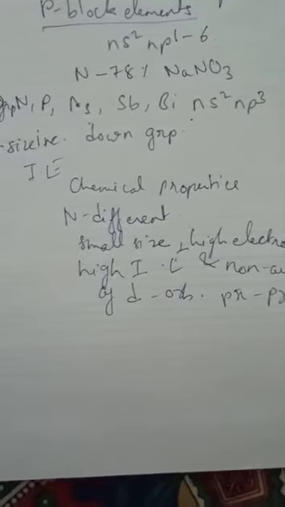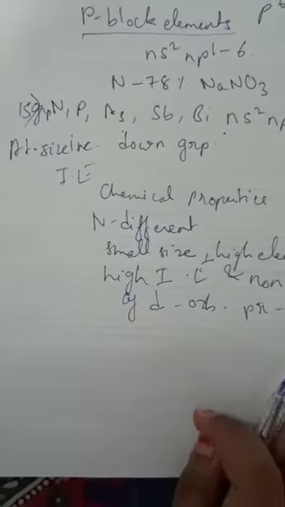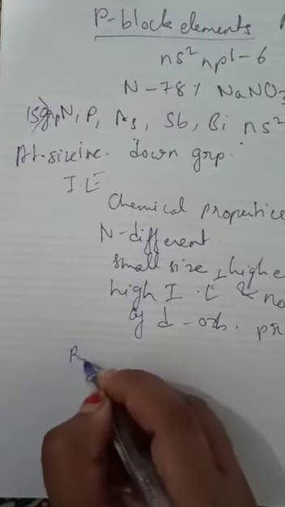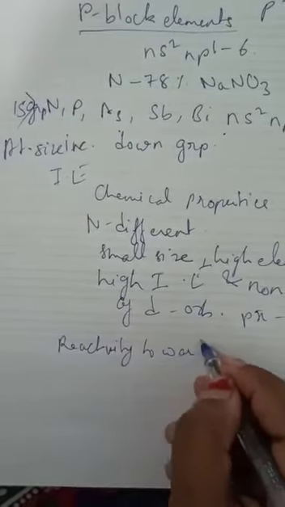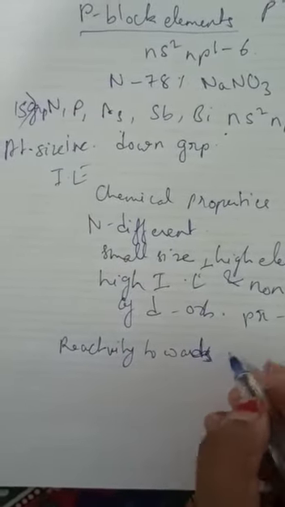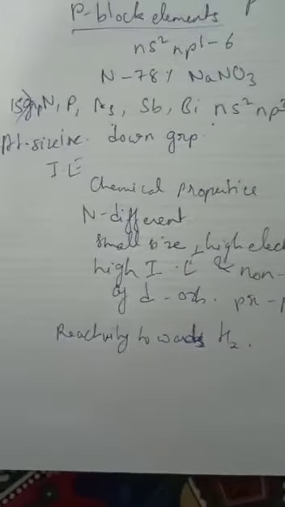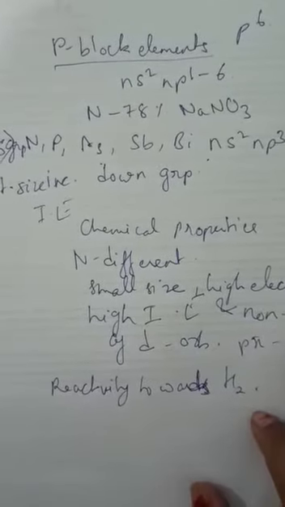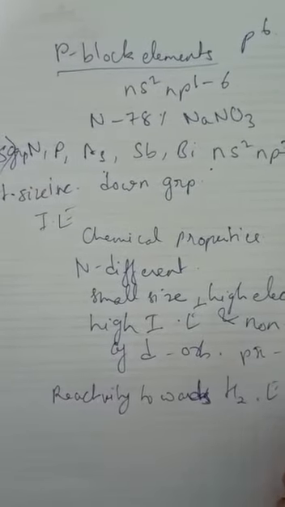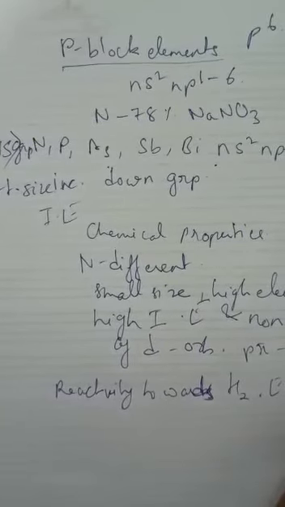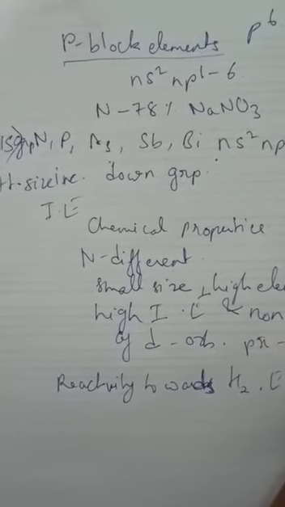Now let's discuss about the various reactions of this. First, reactivity towards hydrogen. Okay, so students, all the elements of this group 15 form hydrides of EH3 type, where E can be your nitrogen, phosphorus, arsenic, antimony, or bismuth.